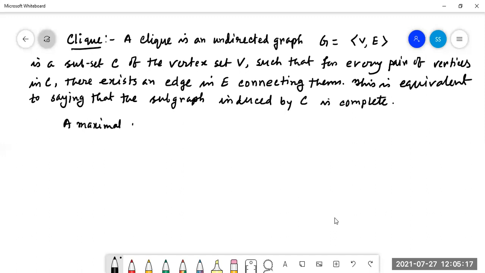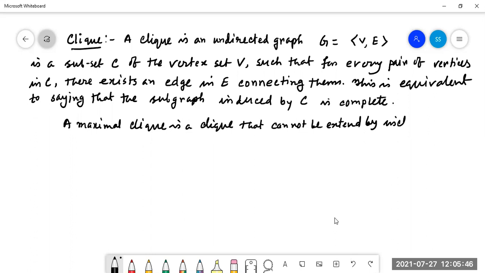A maximal clique is a clique that cannot be extended by including one more adjacent vertex.